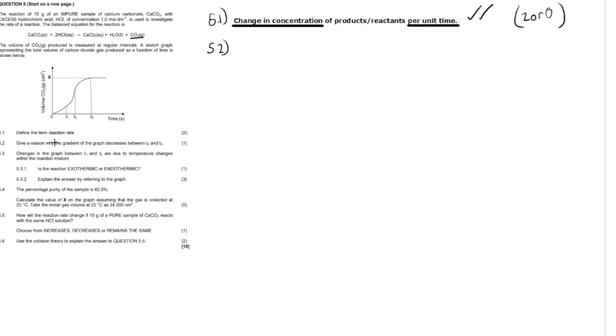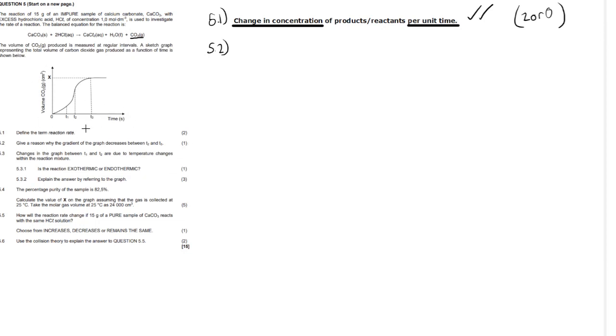So now they ask to give a reason why the gradient of the graph decreases. So here between T2 and T3, the gradient actually becomes flatter. Now, I mean, we can write the whole paragraph here, but for one question, for 1 mark, please don't give a whole paragraph. It is entirely unnecessary. They're building on the previous question. Often with these questions in science, both physics and chemistry, they like to build on the previous one.